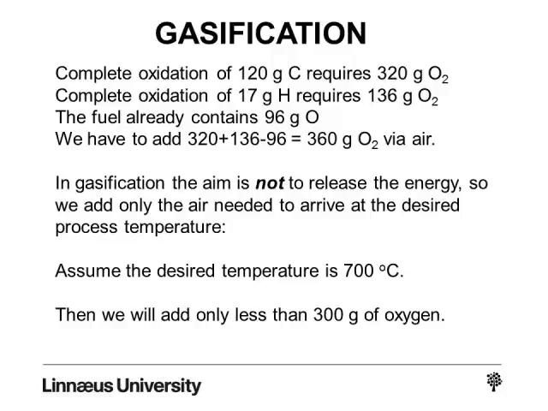In this case, assumed at 700 degrees, which is, within parentheses, a very low gasification temperature. More typical gasification temperatures are about 850 to 900 degrees. But in this case, for this model fuel, we only have to add a bit less than 300 grams of oxygen, about 280 grams of oxygen, to arrive at the desired process temperature 700 degrees.